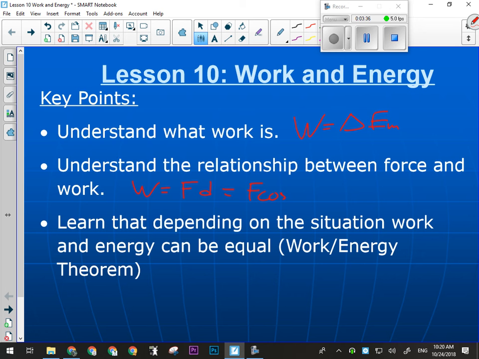All it does is add in cos of theta times d. So if we had an angled force like this, but the box is moving horizontally along the surface, work isn't being done in this direction, it's only being done in this direction. So we would need the horizontal component of that force. That's why we use F cos of theta times d. It would give us the amount of that force that's actually doing work.